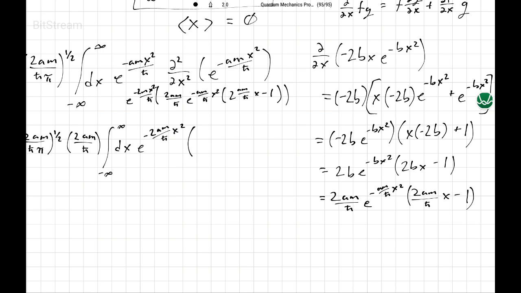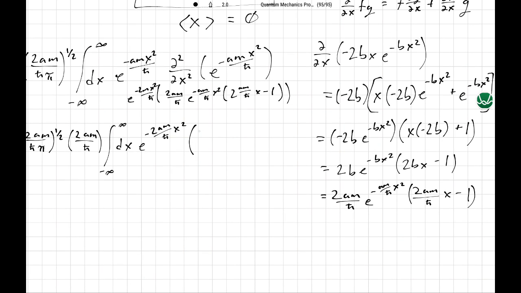So now I will have 2am h bar x times this guy. Now, fortunately, we already know that's going to be 0. Oh, I'm actually just multiplying that through, aren't I?